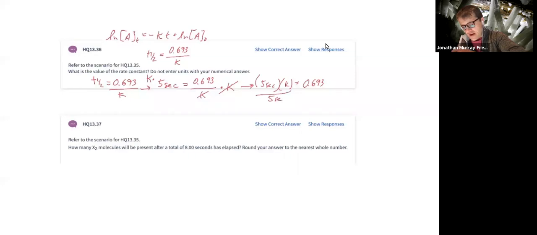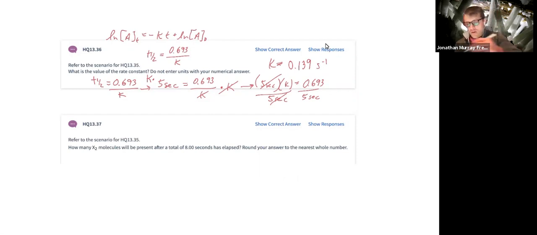Going to divide by 5 seconds on both sides now to get K by itself. The 5 seconds cancels out, and K, my rate constant, ends up being approximately 0.139 inverse seconds.